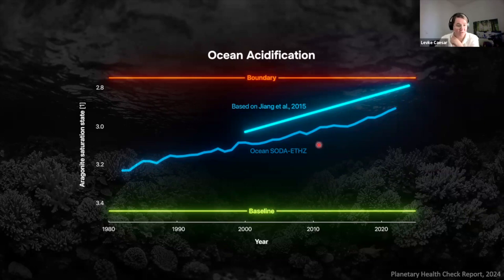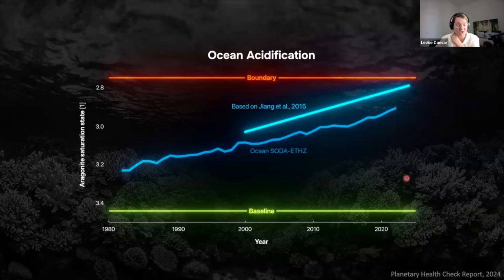And we have two different data sets, and this is actually already showing one of the difficulties that we have with this framework, that of course we are relying on good data sets for good diagnostics. And there are some uncertainties in this, but basically both of these data sets show that we are more and more going towards the transgression of the boundary.